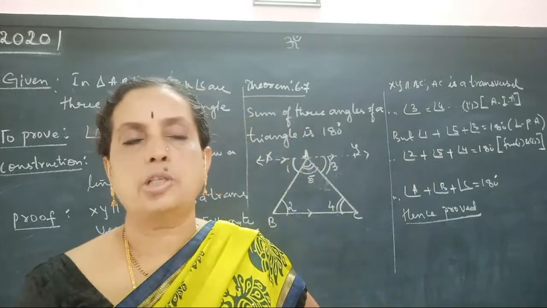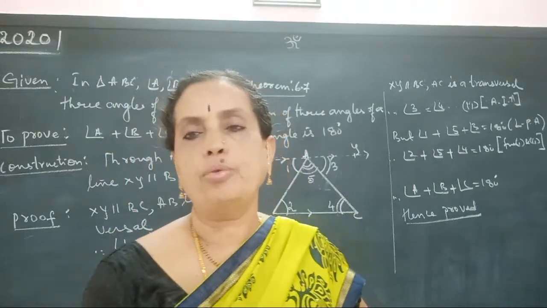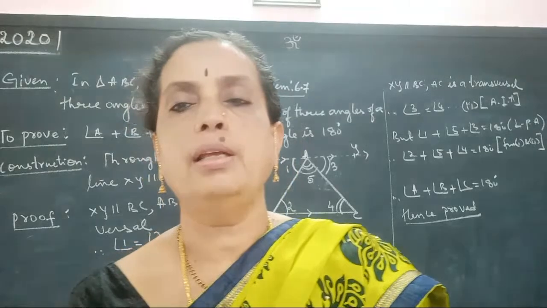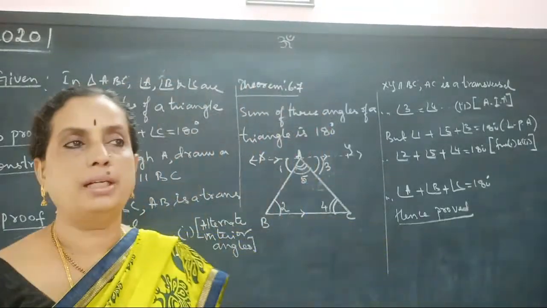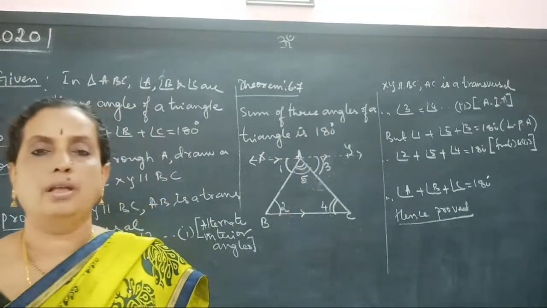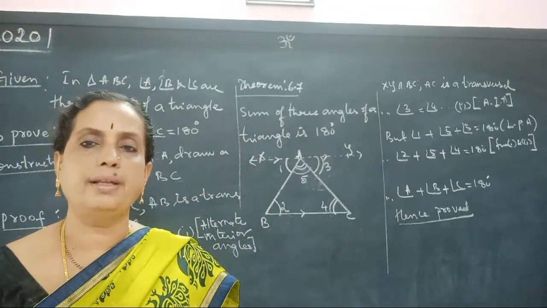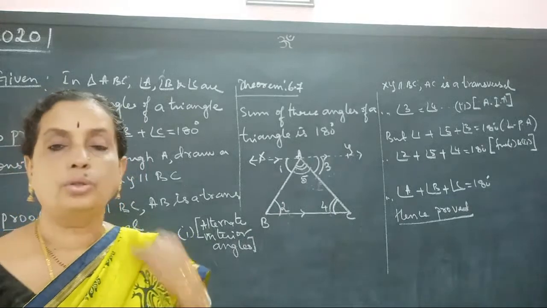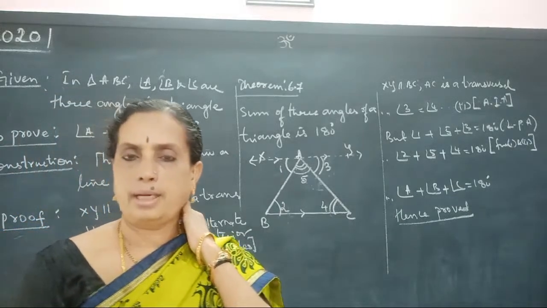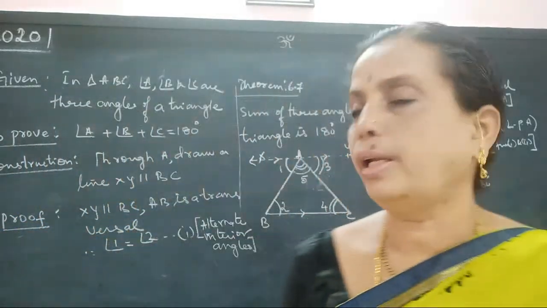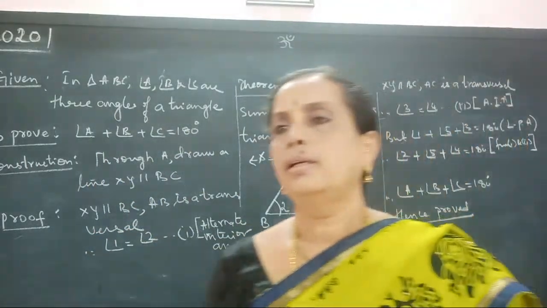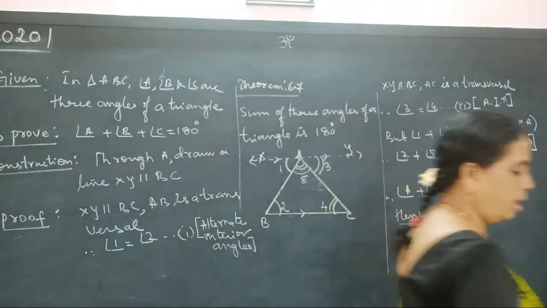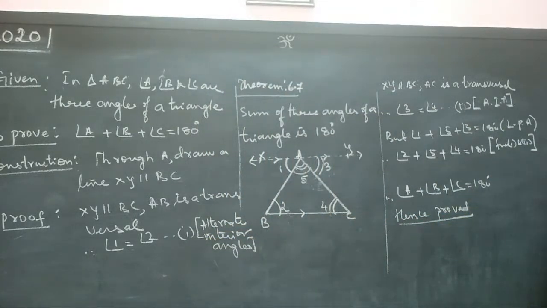According to 6.7, it proves the angle sum property of a triangle, that is, the sum of the three angles of a triangle is 180 degrees. Just go through it, don't skip any sentence. In the bracket, what I have written, use the bracket and write completely, and you have to practice it as per the steps involved.